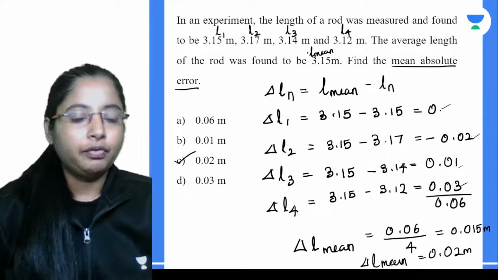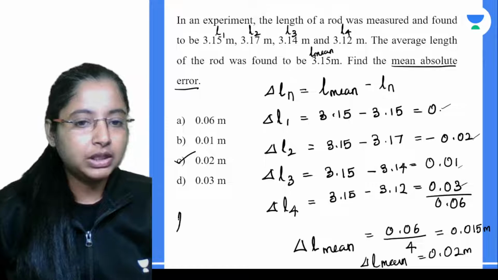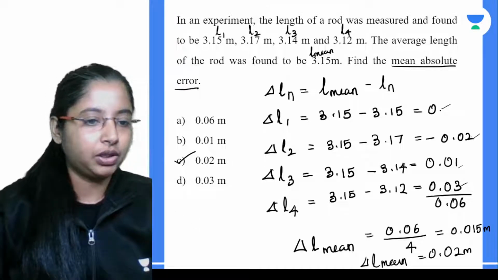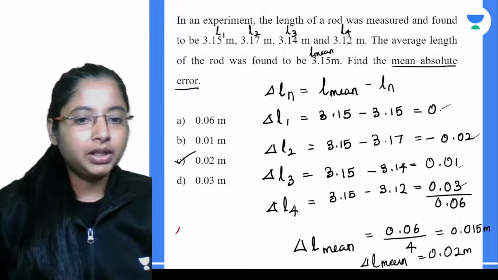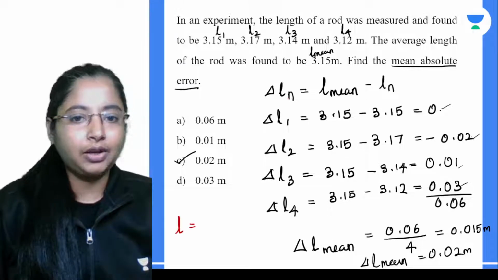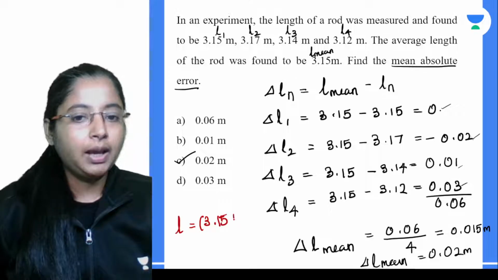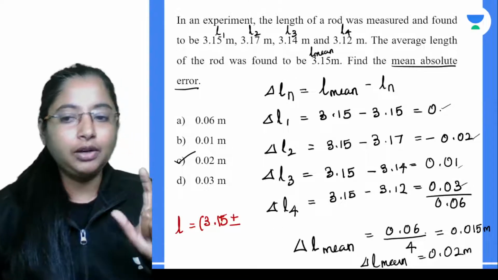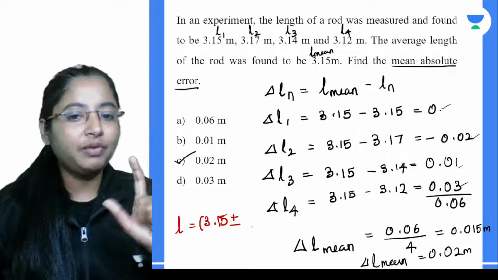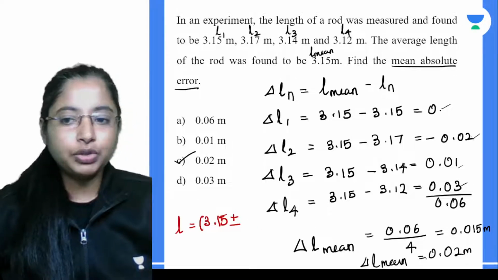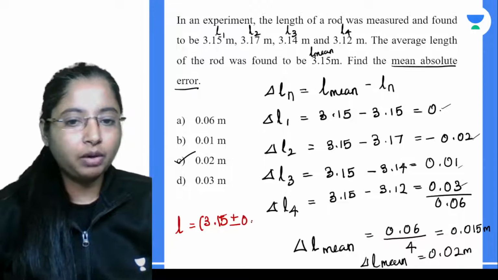Very simple. Now if you want to express the actual length of this particular rod, the actual length is the mean value over here, that is 3.15, plus or minus, because the value you are finding will always be within a range. Plus or minus what absolute error did we get? 0.02 meters.